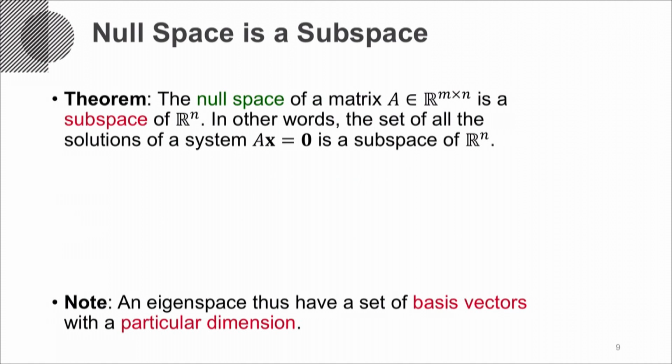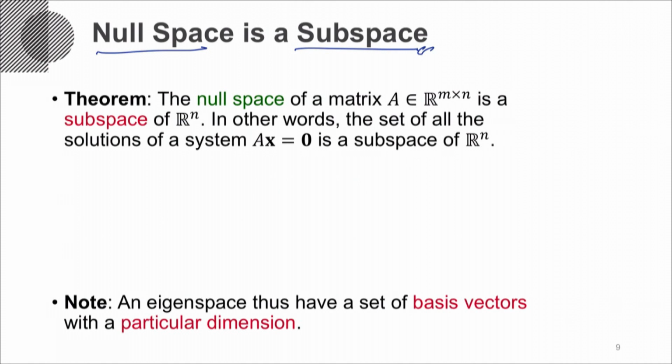One interesting theorem about this null space is that our null space is actually a subspace. If you remember the requirement for a subspace, it should be closed under linear combination of two vectors.